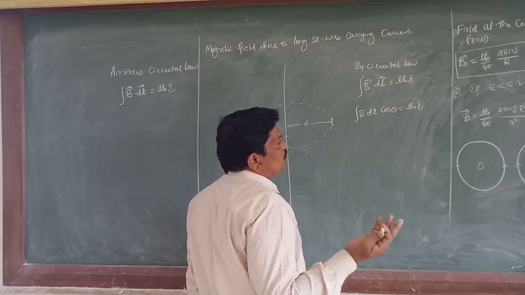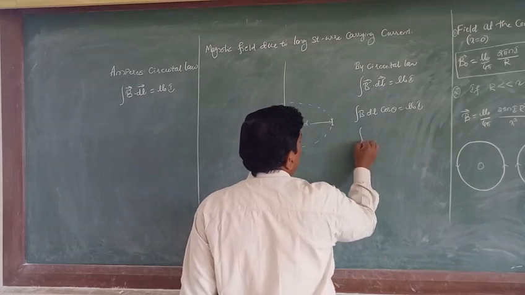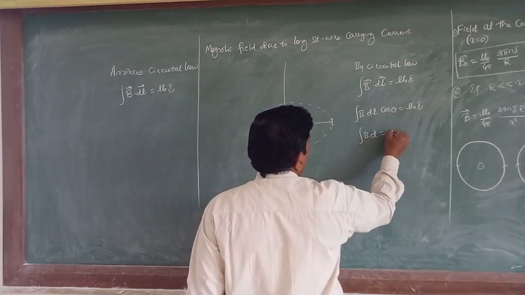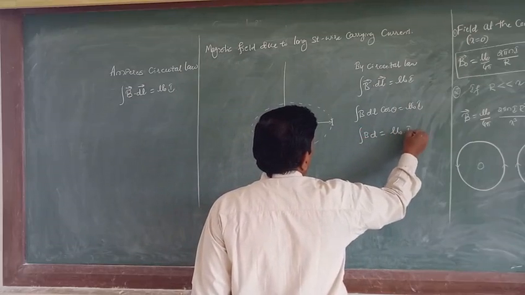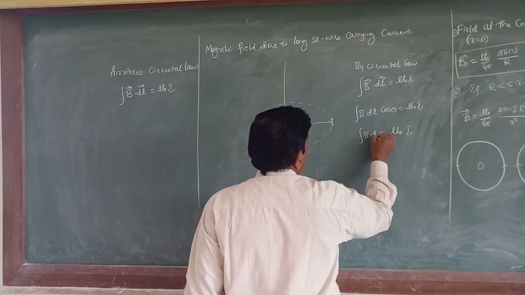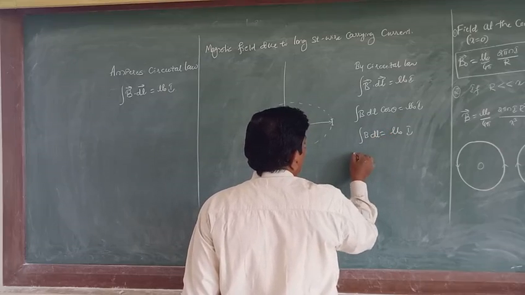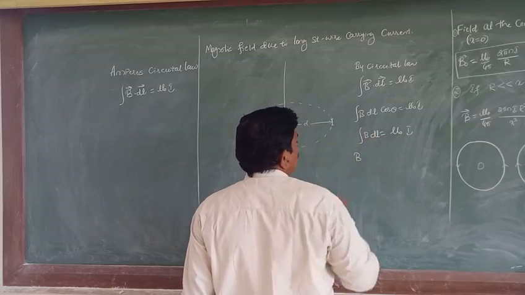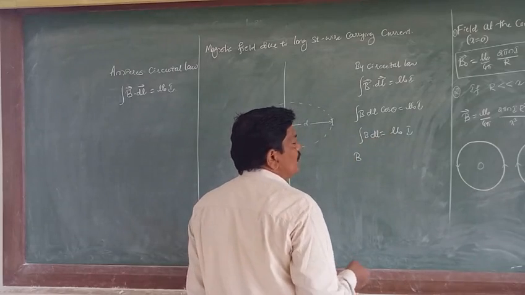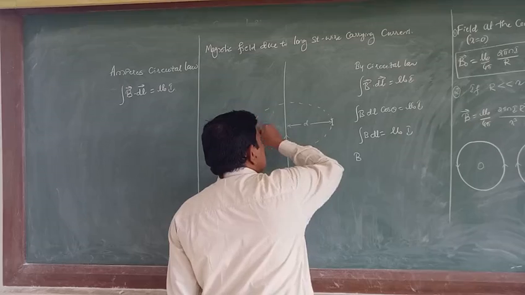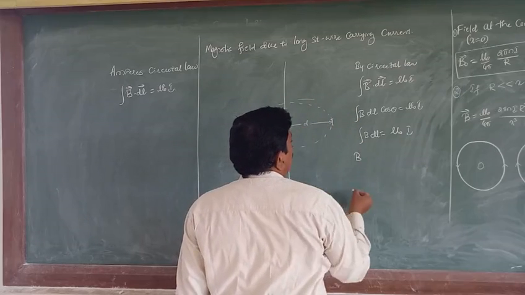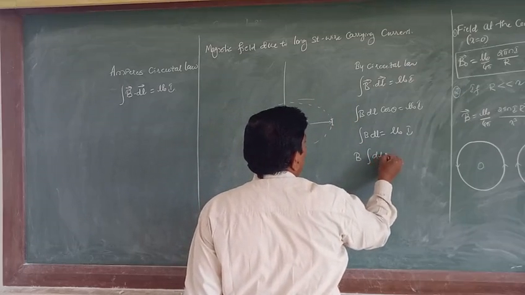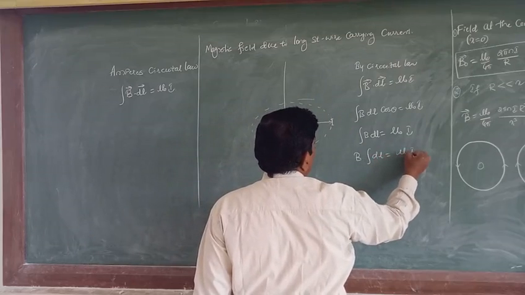Theta equal to 0 means cos 0 is 1. So simply we can write B dl equals mu naught times I. This B is constant, take it outside. So integration of dl is L, and here L is the circumference of the circle.